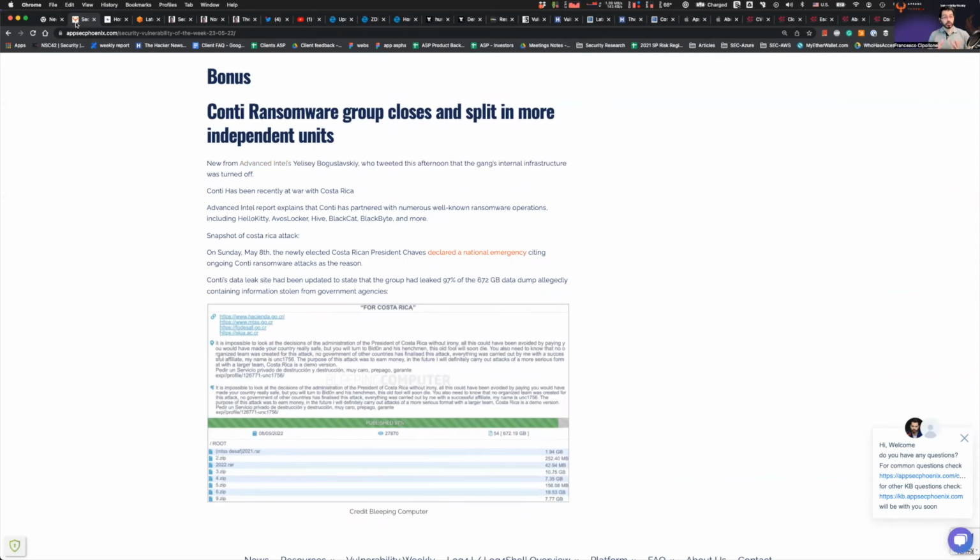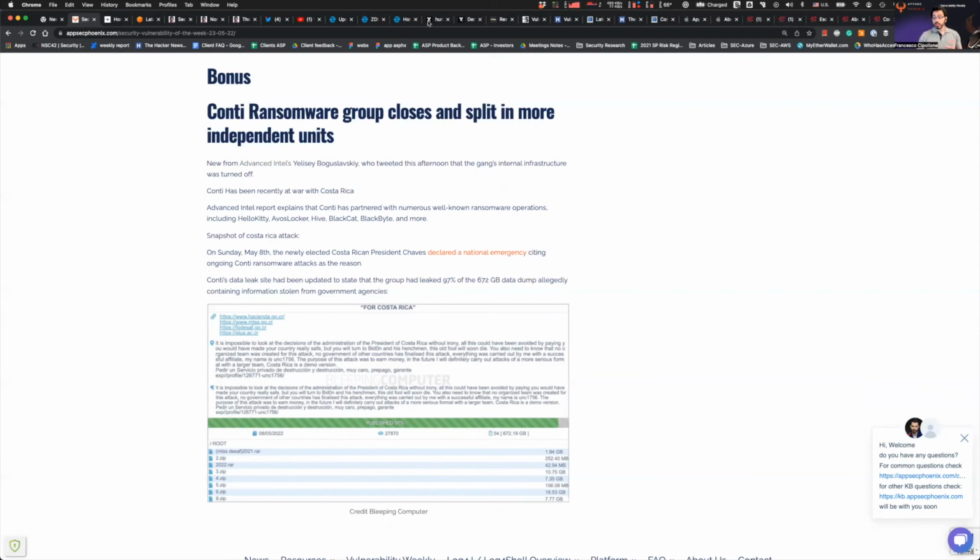The unit of operation has broken up into different units, and they've been continuing attacking. It is particularly interesting news because it comes at a time when Conti ransomware has been particularly active attacking Costa Rica, exploiting a number of servers and dumping data on the web.